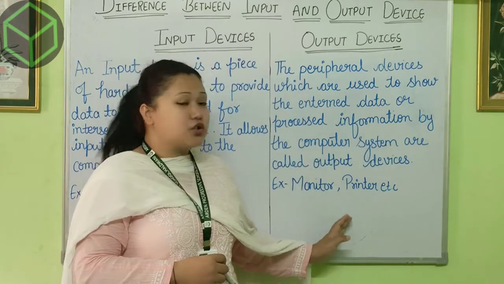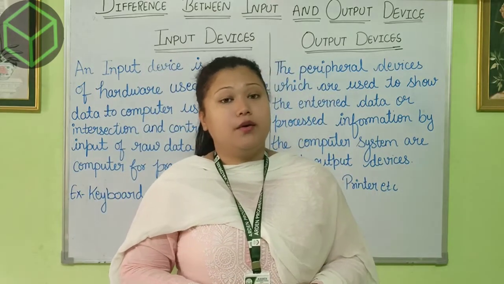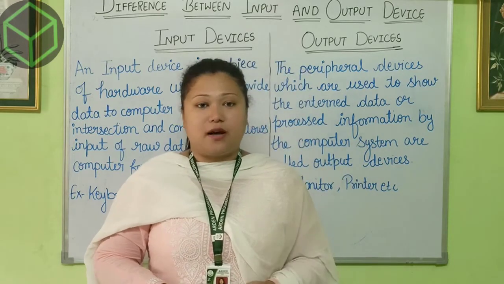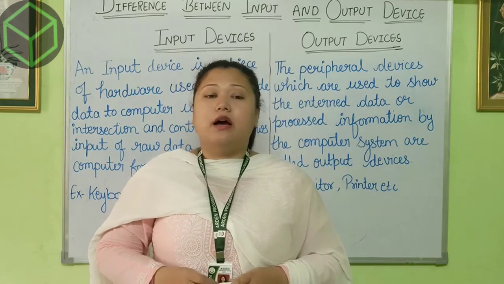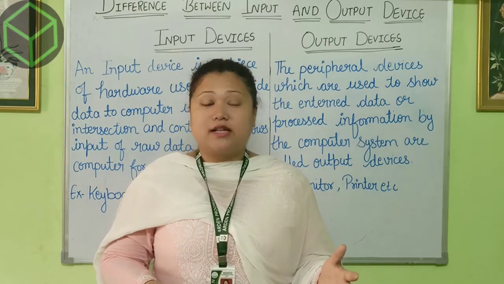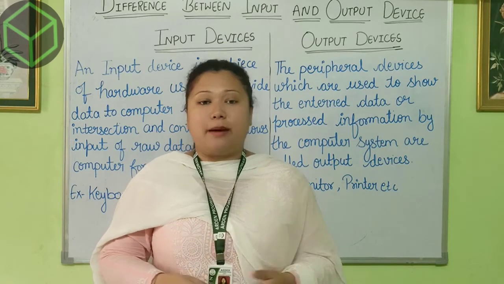The data is shown on the monitor screen, so that is called output, right? So these devices complete the computer system and help us to work in easy manners, right?